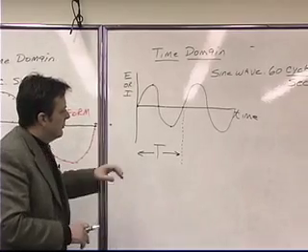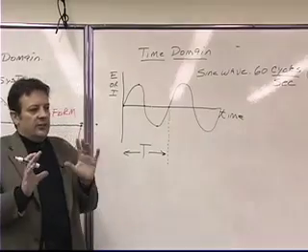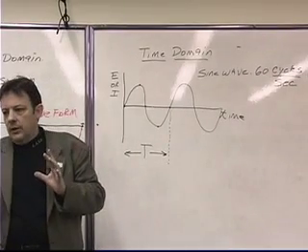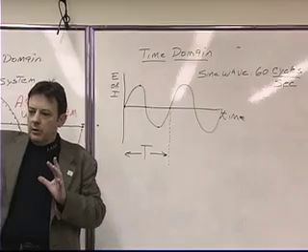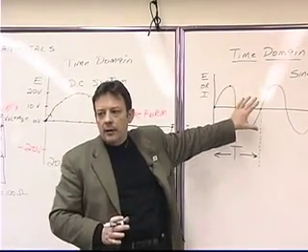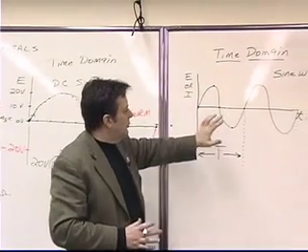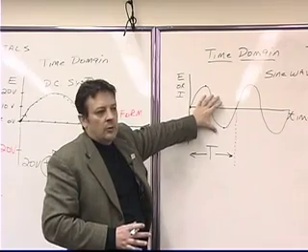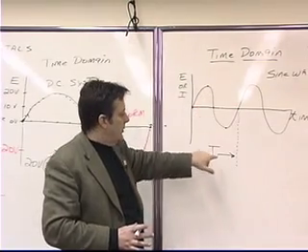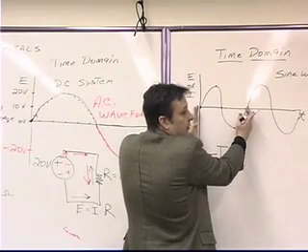Now, obviously, we can see the effect of frequency getting bigger or getting smaller when we look in the time domain at the period, okay? But we're not looking directly at the frequency. We're looking directly at how long it takes the waveform to repeat itself.